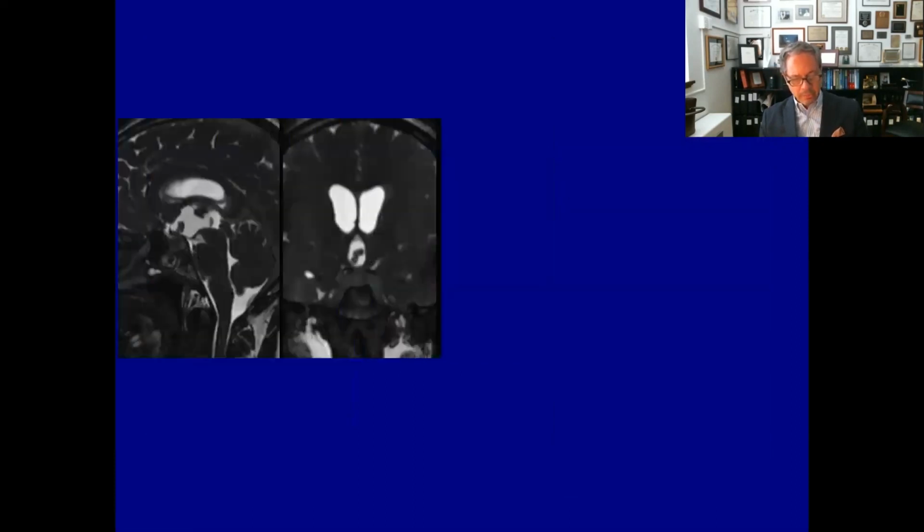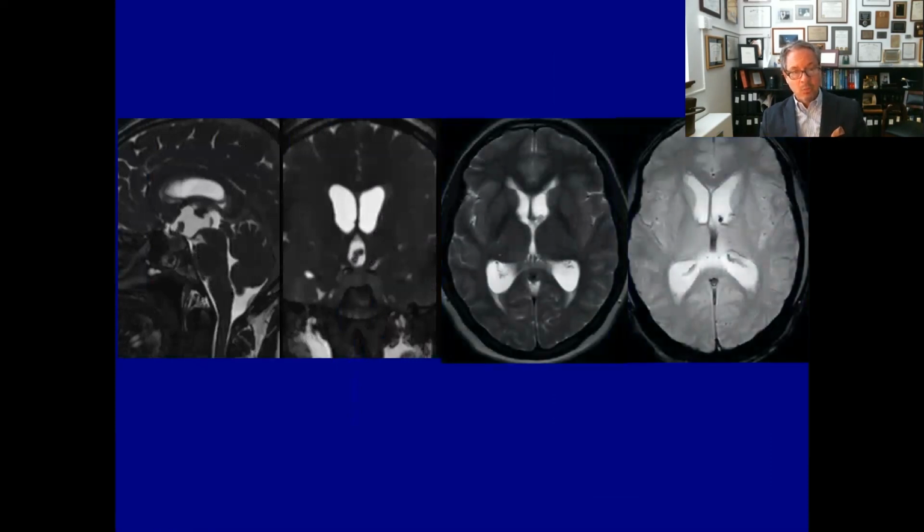And here is another interesting case that I just saw. Here is a cysticercosis sitting in the anterior aspect of the third ventricle. The patient was going to be taken for endoscopic evacuation of this cyst. And when we did the immediate preoperative imaging of this patient, we noticed that the cyst was no longer in the third ventricle, but it had migrated into the left lateral ventricle, as you can see on the right hand of the slide.